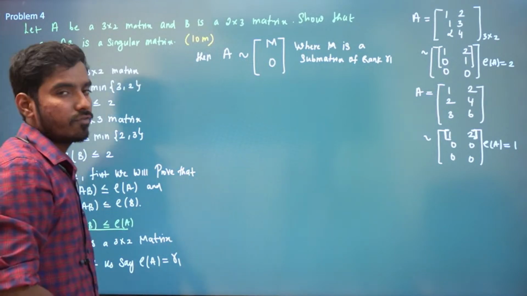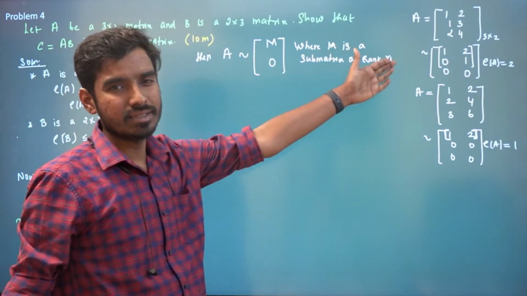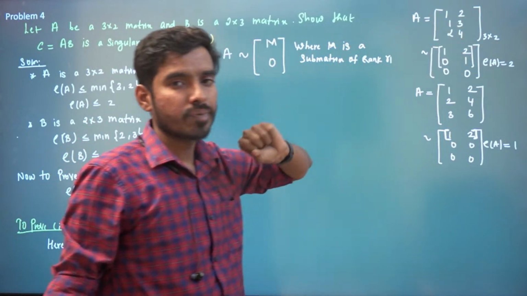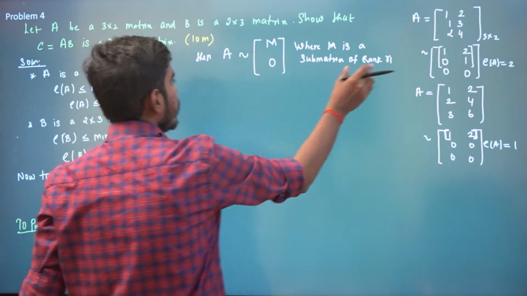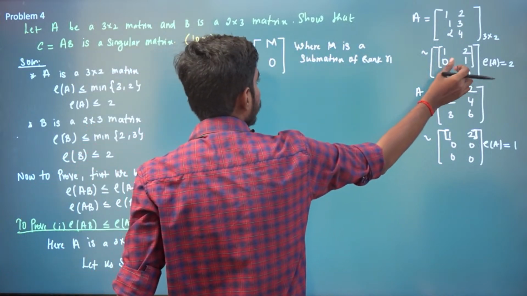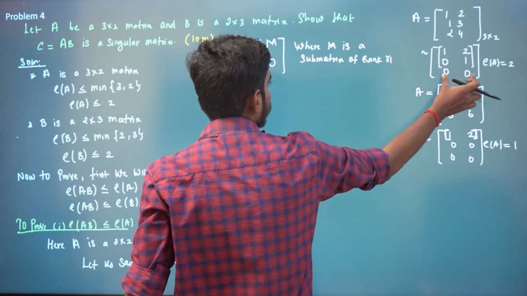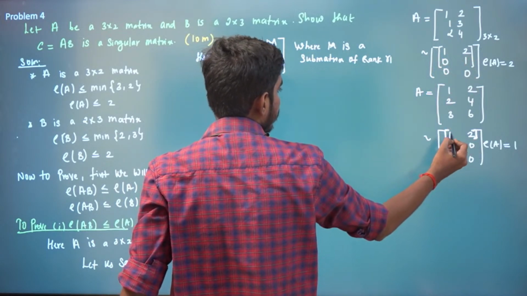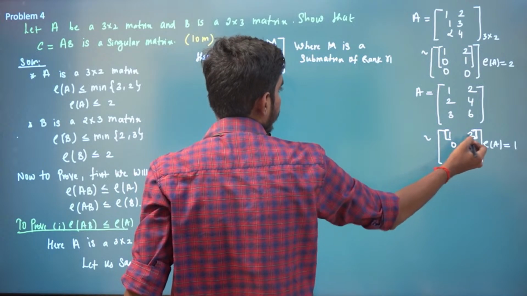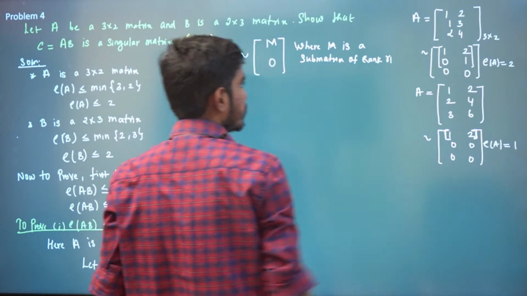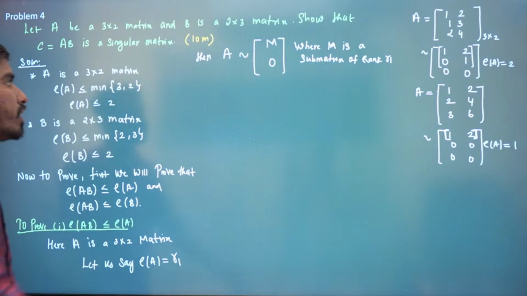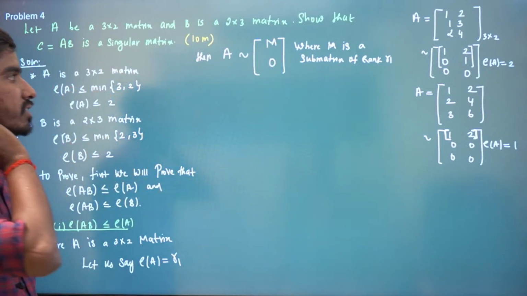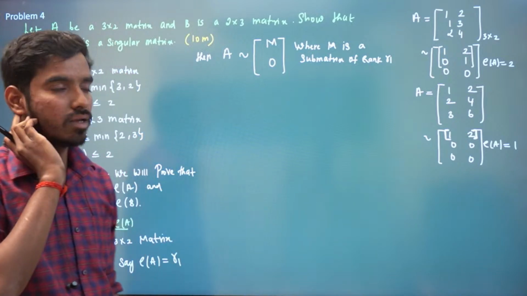You just look at this example. Suppose your A has rank R1, then the matrix A after reducing to echelon form will be some M, 0. Here M is a submatrix of rank 2. And here M is nothing but a rank 1 matrix. So this A can be written as M, 0 where M is a submatrix of rank R1.